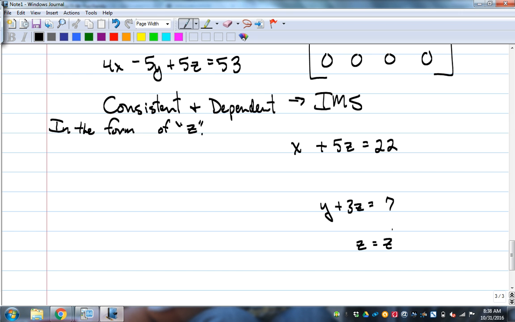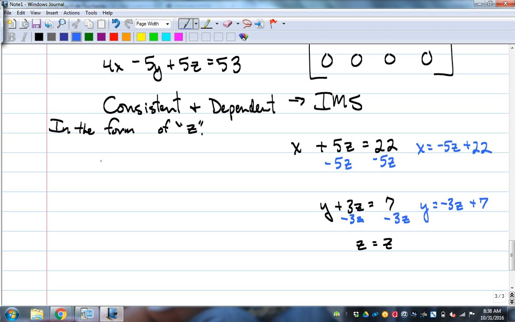That's the third equation you really have, that Z equals Z. So if I'm going to get Y by itself, I just subtract 3Z. And Y is equal to -3Z plus 7. Pretty easy to get X by itself too, isn't it? So X is equal to negative 5Z plus 22.